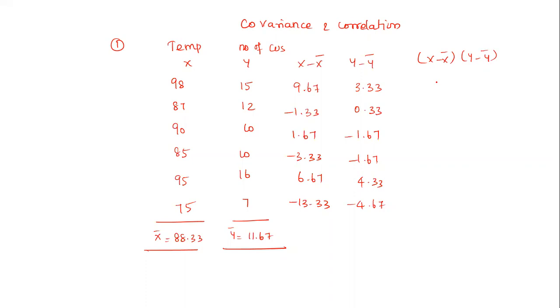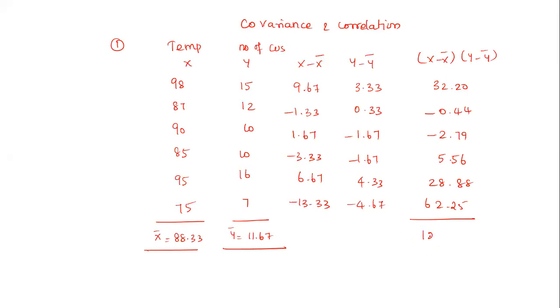It's nothing but 32.20. We multiply 9.67 with 3.33. The others are minus 0.44, minus 2.79, 5.56, 28.88, and 62.25.